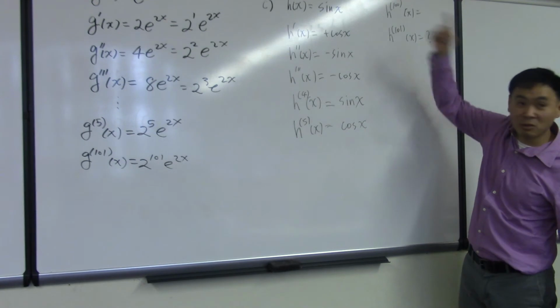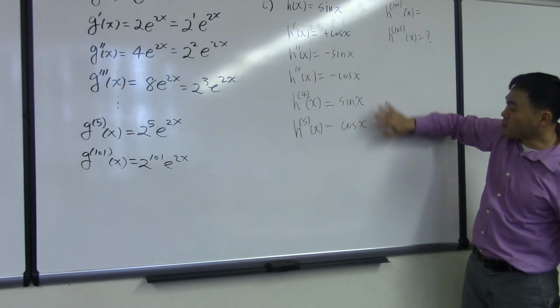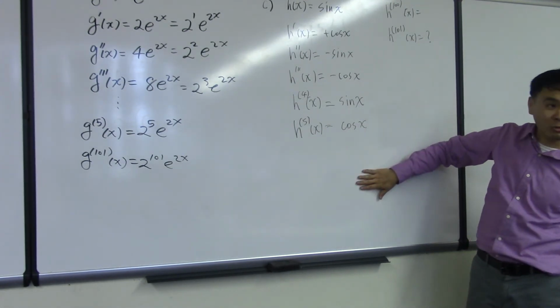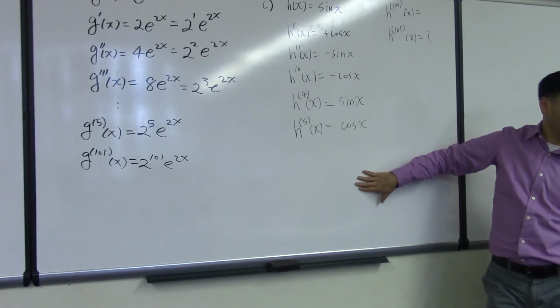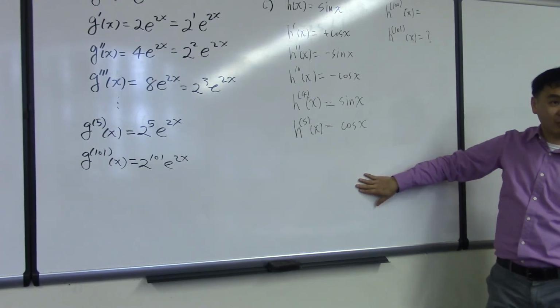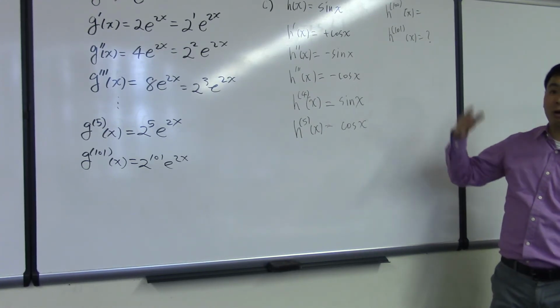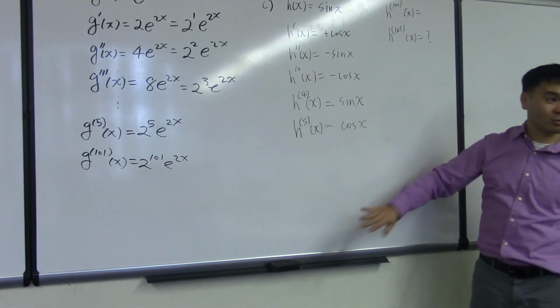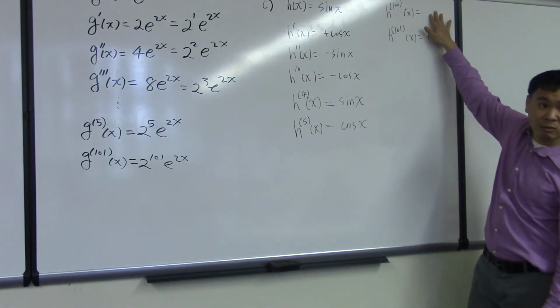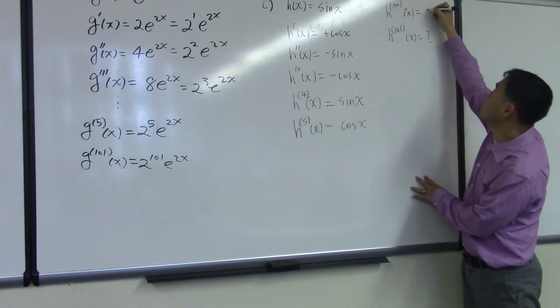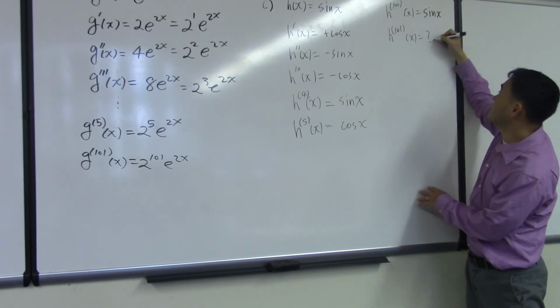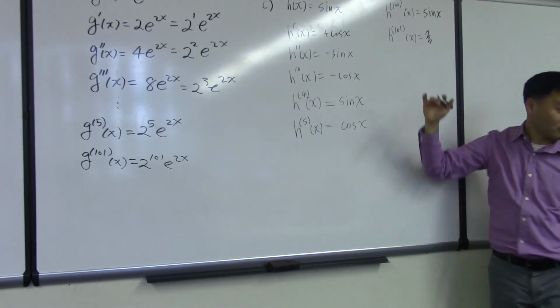So it's recurring. The next time you get sine will be after 8 derivatives, and then it's going to go 12, 16, and so on. So at the 100th derivative, you're going to get sine again, right? So what are you going to get at the 101st derivative?